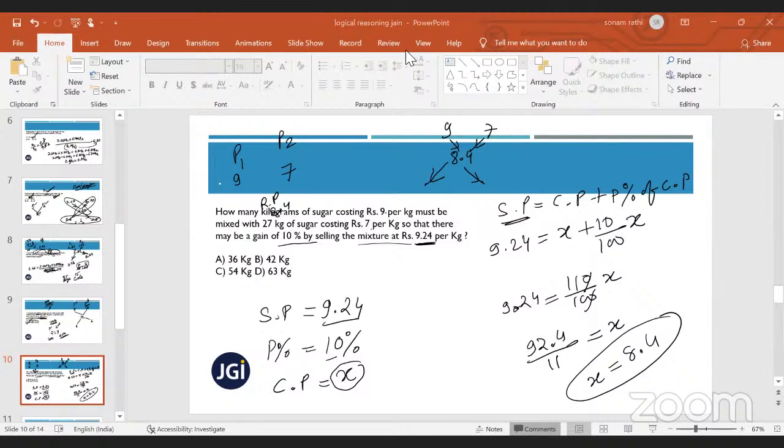Ratio is 7:3 or 3:7. Whatever you write first, that is your first. How difficult is that? 8.4 minus 7 is 1.4. And 9 minus 8.4 is 0.6. 1.4, 14 is to 6. 7 is to 3. 7 is to 3 is the ratio. So Q1 upon Q2 is 7 is to 3. Yes or no?